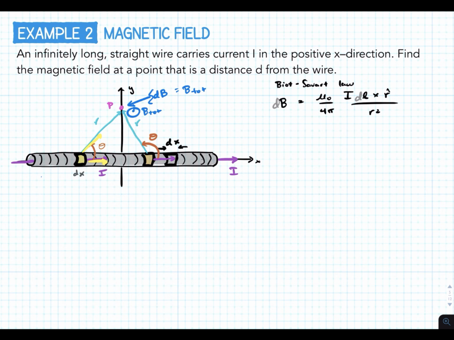So each dB is going to point out of the page. So when we sum all dB, they all point out of the page, which would be the positive, I mean, not x, positive z direction.